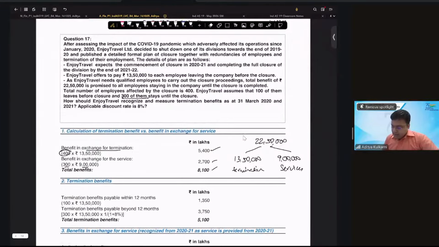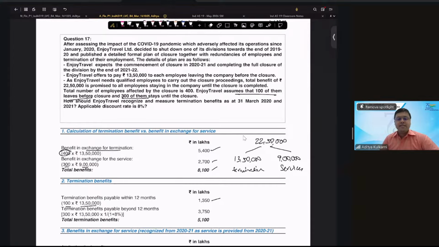See, 100 employees are leaving immediately within this year. So for these 100 employees, payment will happen immediately. So 100 into 13 lakh 50, 1,350 lakhs, 13.5 crore payment will go immediately. Do you agree to this? Yes. These are the employees who will not stay for the closure.